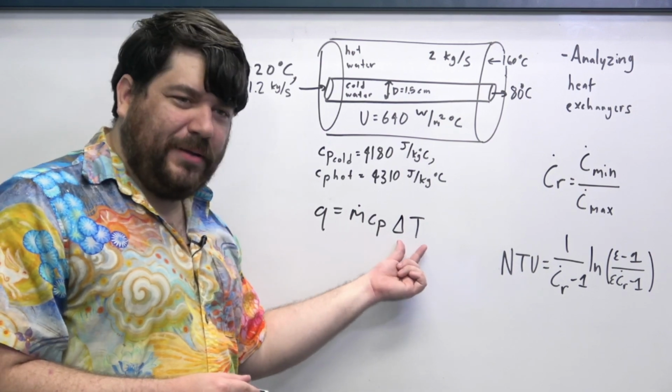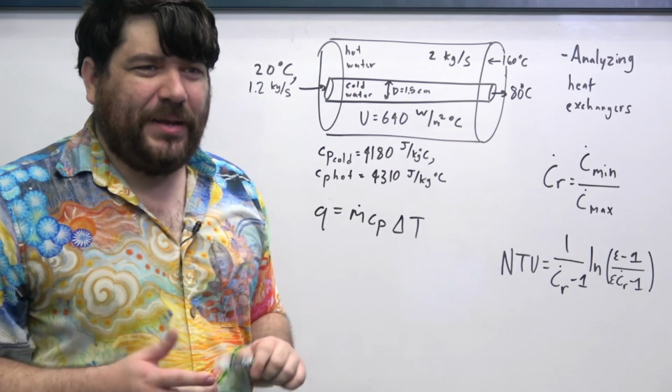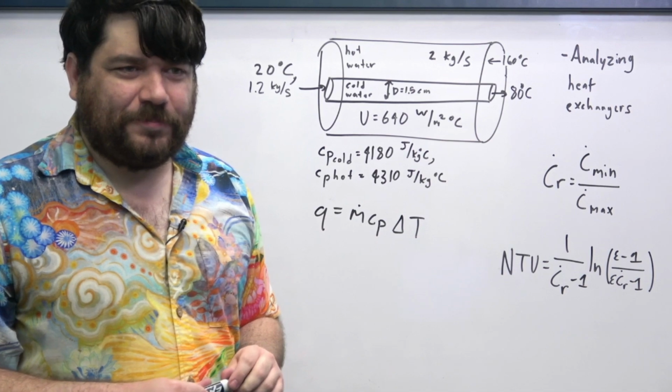Now, I'm being deliberately ambiguous about what this delta T is, because in order to get a positive value for this, it actually depends on whether or not we're using the cool liquid or the hot liquid.